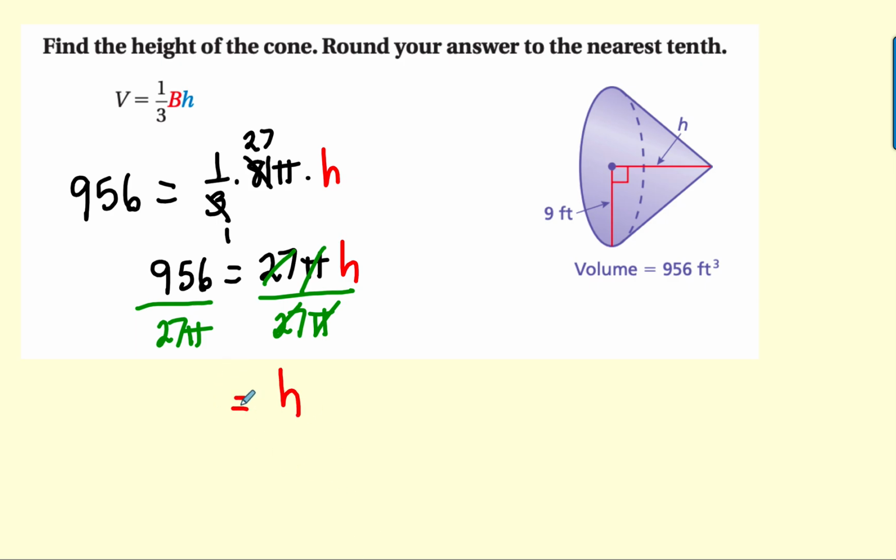This is 956 divided by 27 pi. Check yourself, and the answer rounded to the nearest tenth is 11.3, and our label will be feet. It's not cubic feet because it's just a height.